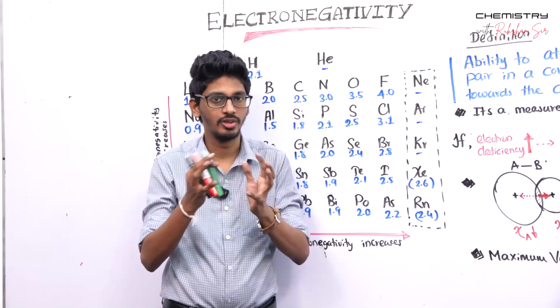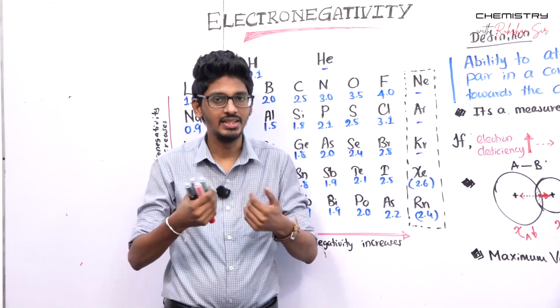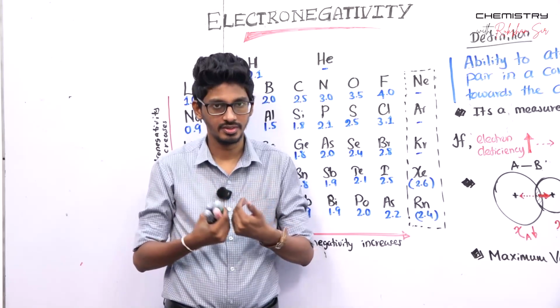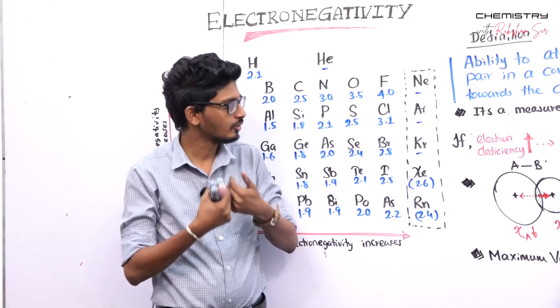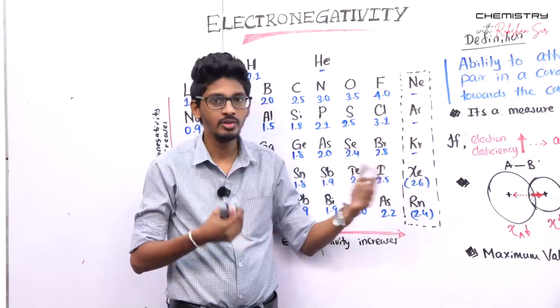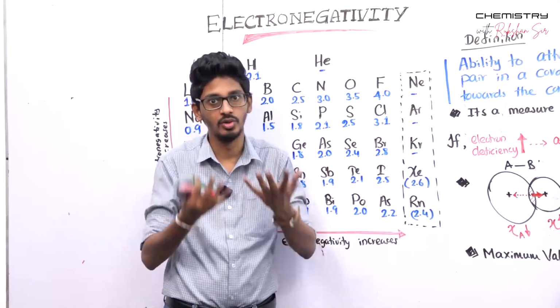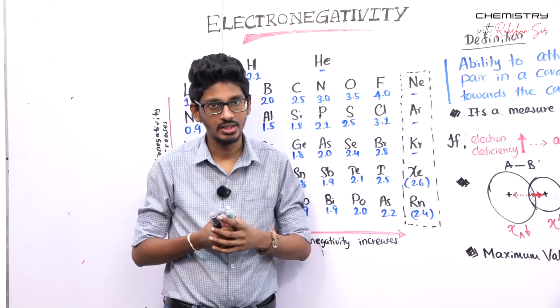The smaller noble gases, helium, neon, argon, are not keen to form bonds. So electronegativities are not defined, because they are not forming covalent bonds, so there is no ability to attract the electron pair in a covalent bond.